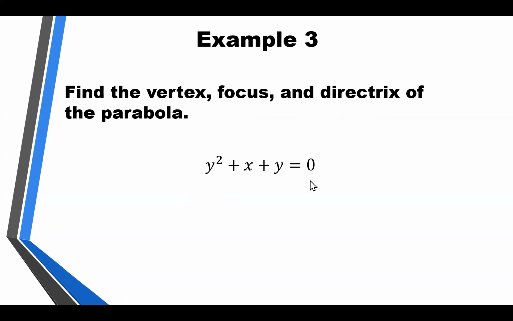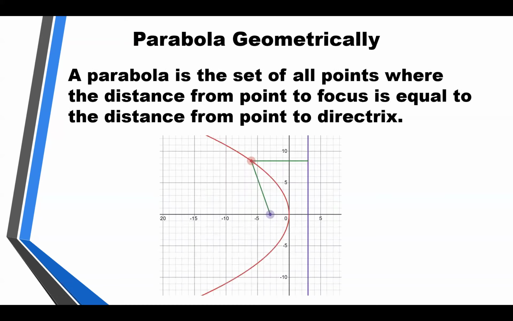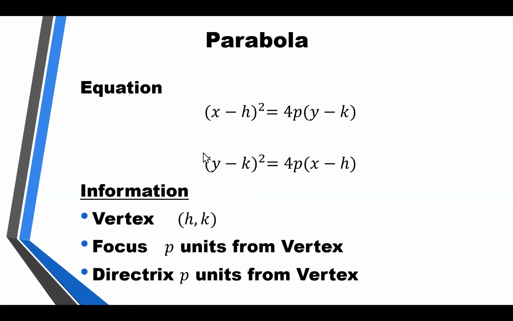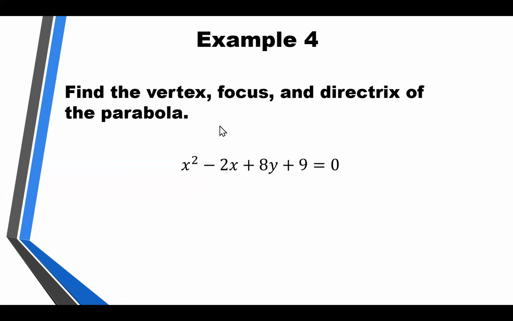Again, this did not have the nice standard form, so we just used completing the square to make it have this nice standard form. In particular, this was the second standard form. Obviously, if the x squared term was present, we'd try to use the first standard form, which happens to be our next example.